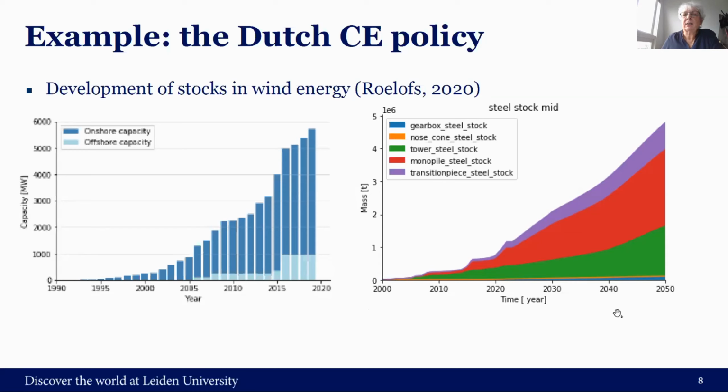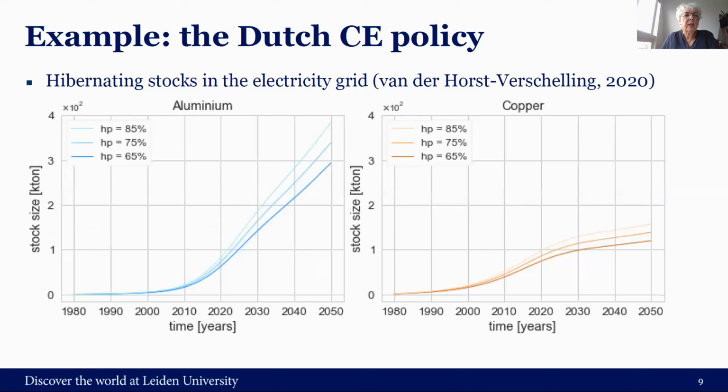And then on the right-hand side, using ODIM, results for the future. This is one of the 3 scenarios that he actually looked at, and those results are for steel. This is another student, Judith van der Horst Verschelling.